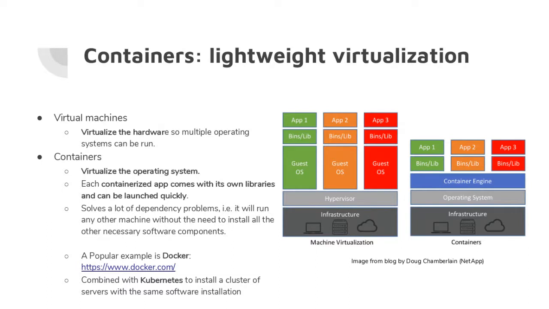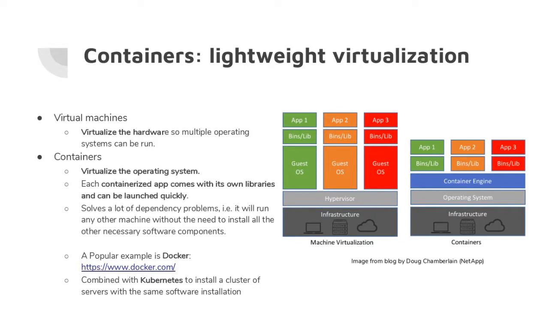It also solves dependency problems. Maybe one application requires a lot of installations and another application also, but it can be difficult to manage that. If you're running different apps and they each require different things, it's cleaner to have them in their own container.